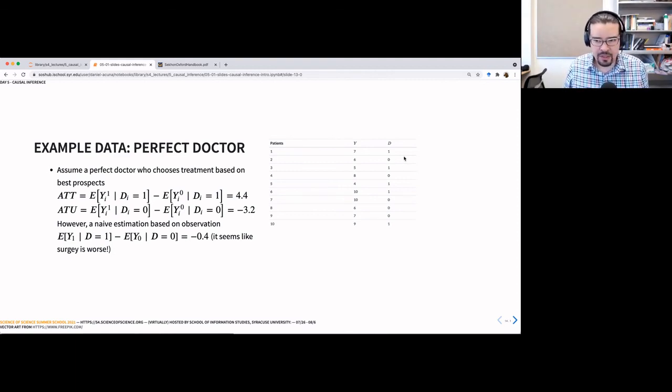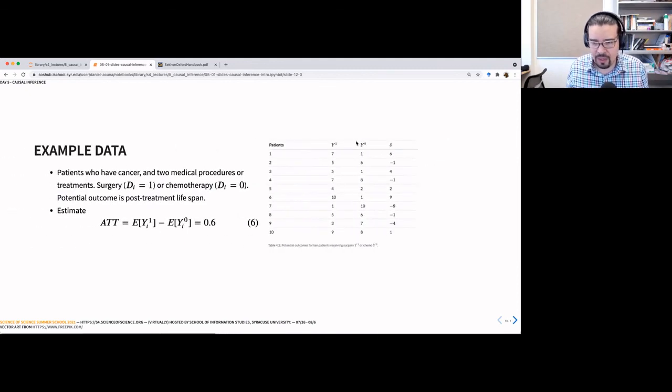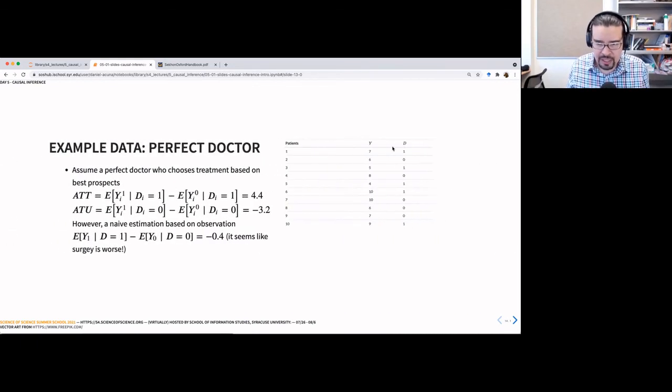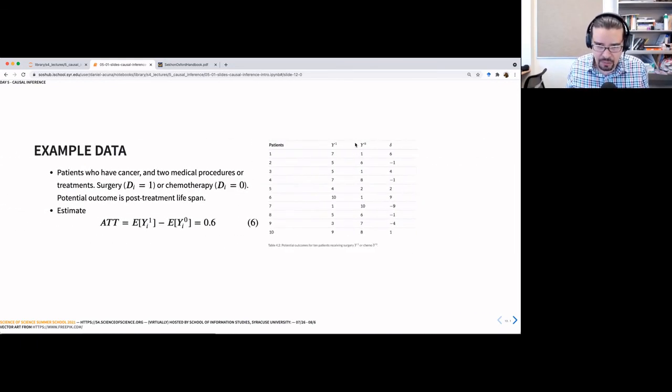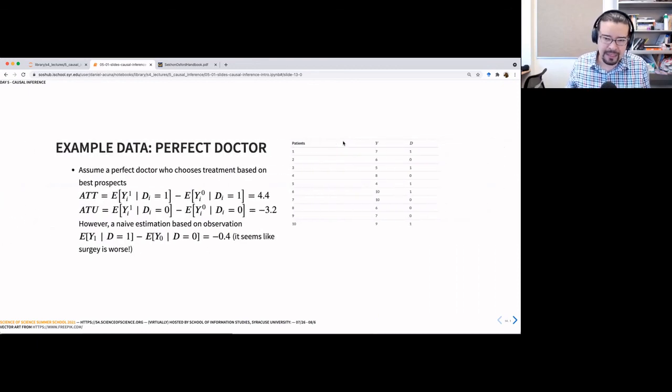Now, in this case, because the doctor is having this correlation between the decision and the potential outcome, there is that relationship. This is where one of you asked about this idea of unconfoundedness. It is the fact that sometimes you have a relationship between your choice D and the potential outcomes, and that happens very often.